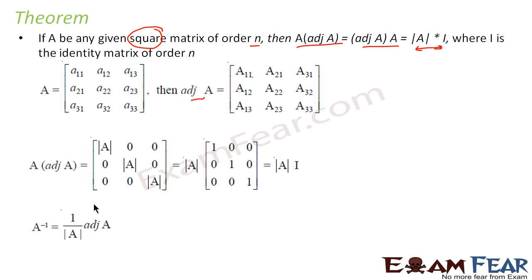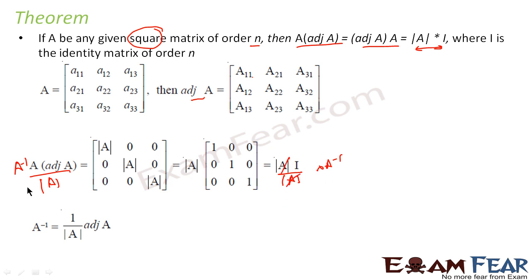So how you got this is, see, A into A inverse is nothing but I. So you have got this. Now if you divide both sides by determinant of A, and this into A inverse, determinant of A will cancel.